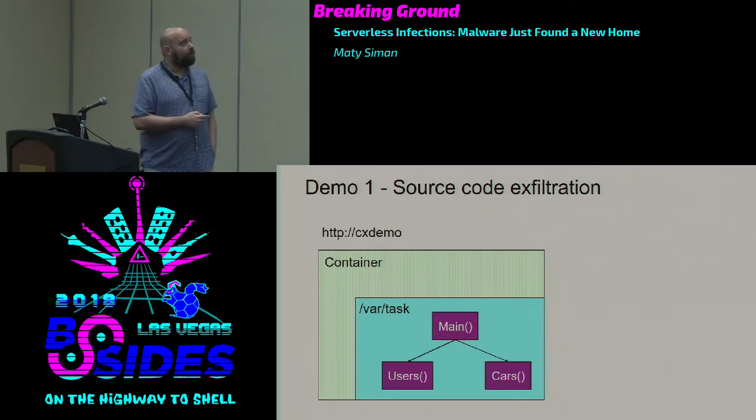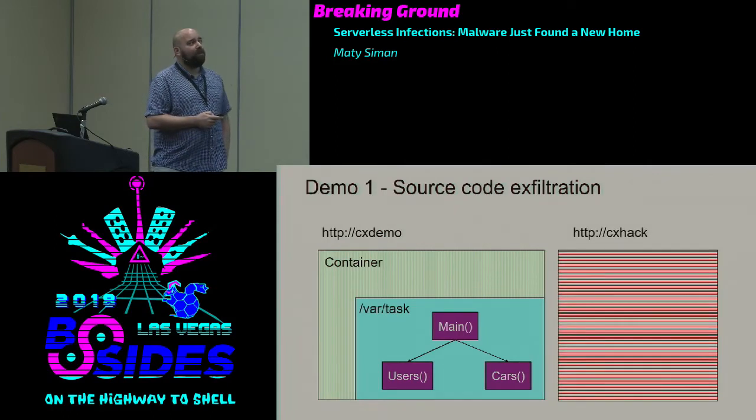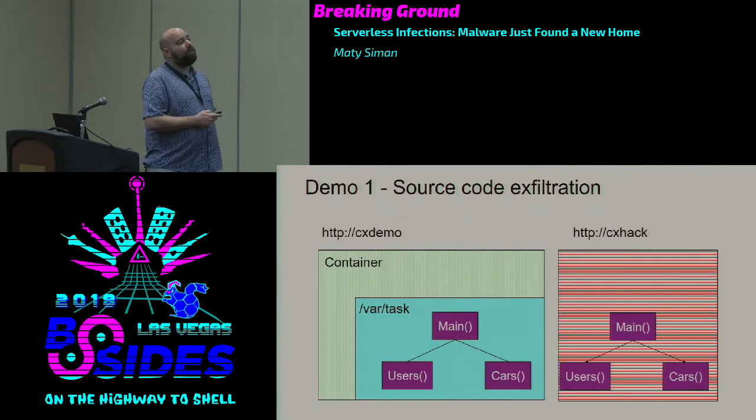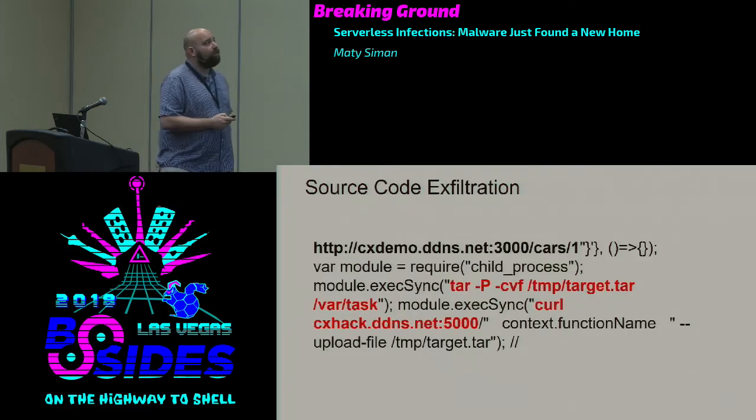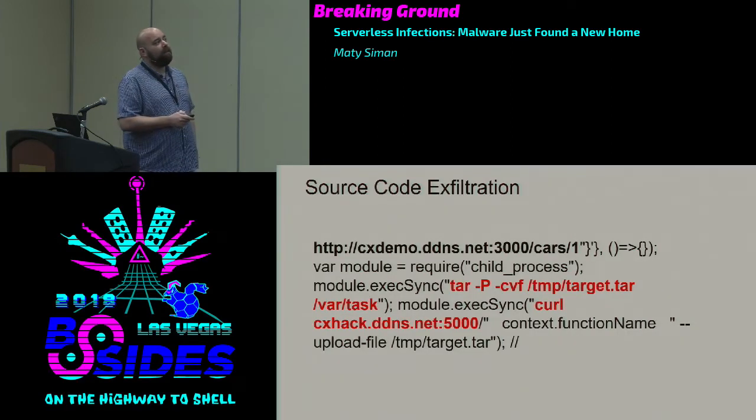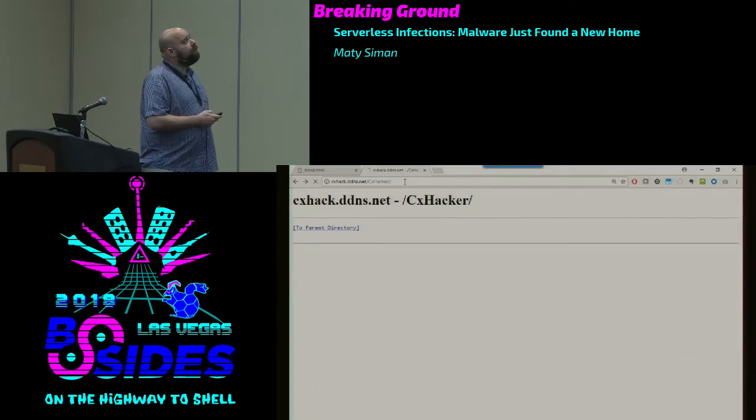So we have our container. We know that under the path var task, we have our three functions. What if we could use our own container or a hacker container to somehow copy it for future reference, let's say. And actually it worked pretty well. So we managed to tar the entire thing and send it to our place.